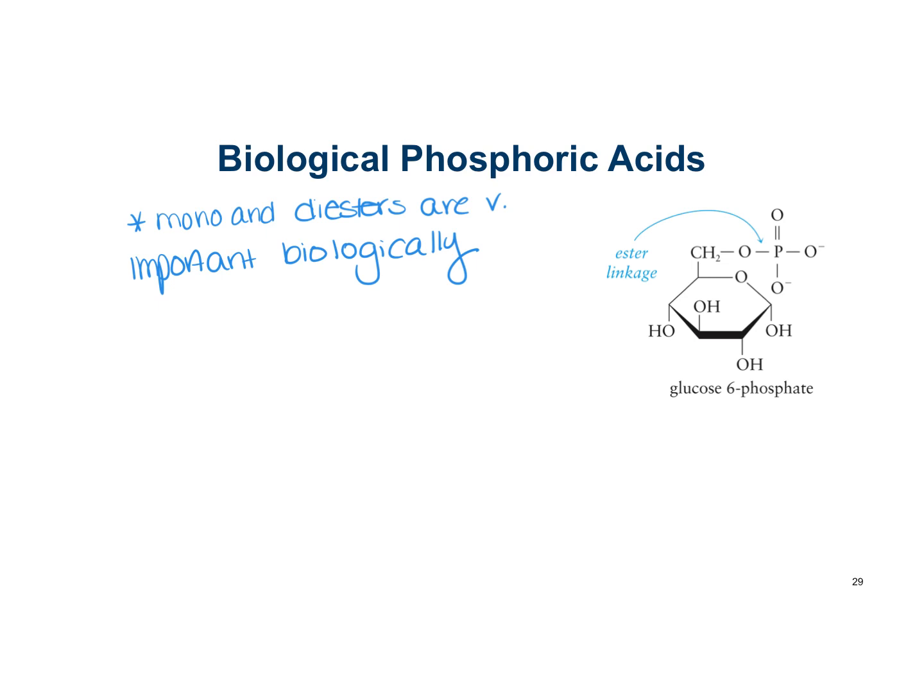For example, if we look at glucose 6-phosphate, which is here, this is the first intermediate compound formed when glucose is oxidized to supply energy for the body.